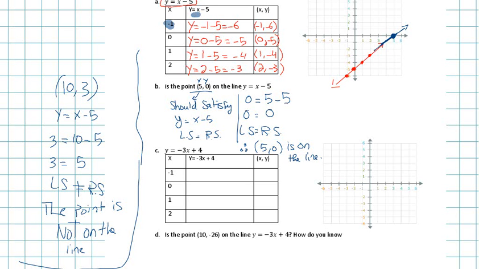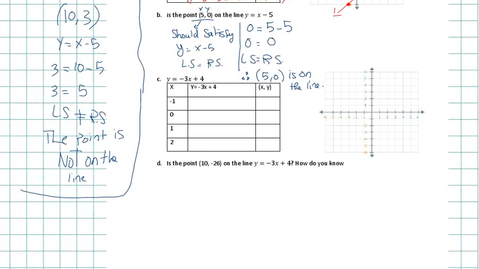So all I have to do is plug in the value of x. So y equals negative 3, and instead of x, I'm going to put negative 1. What's happening between negative 3 and the x? Multiplication. That's why I have to put brackets. And then plus 4.